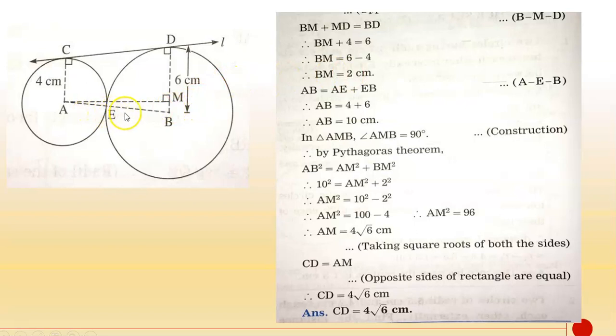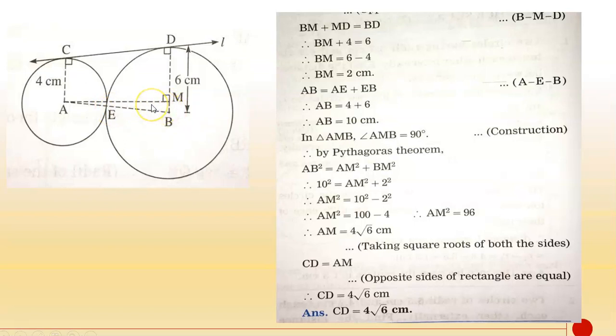Now let me find AB. I know that AE is a radius which is 4 centimeters and BE is also a radius and that is 6 centimeters. When I join both, I get the total distance AB, that is 10 centimeters. That is how I have found AB as well. So using this, in this triangle AMB, it's a right angle triangle, and I know AB and I know BM.